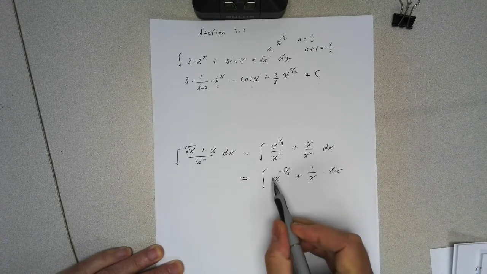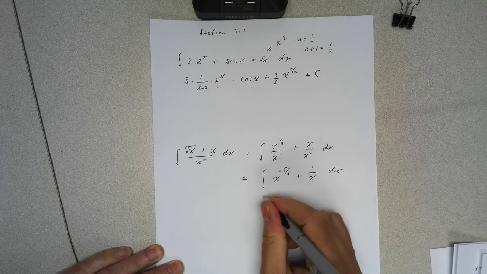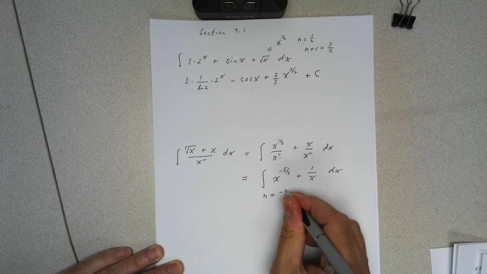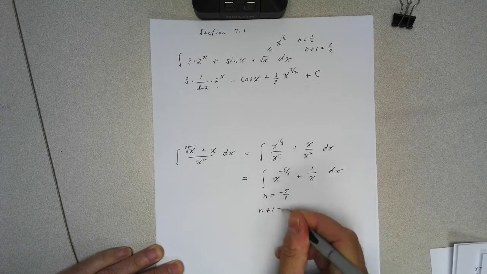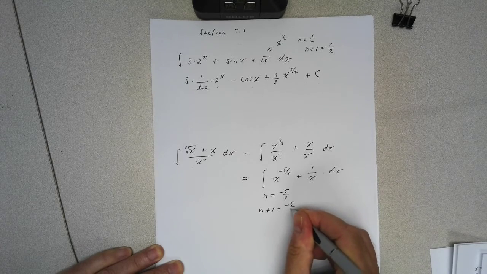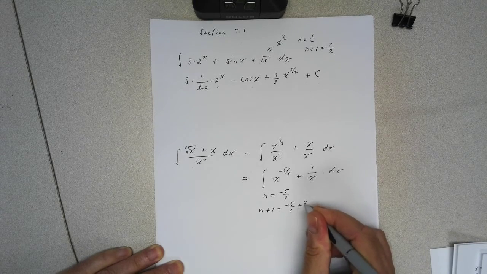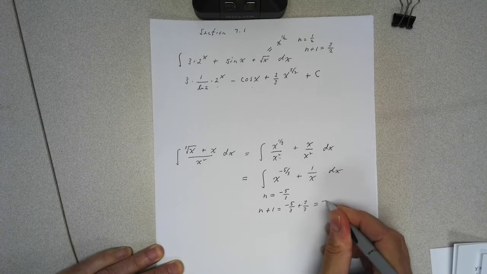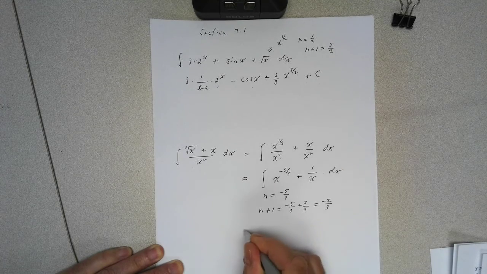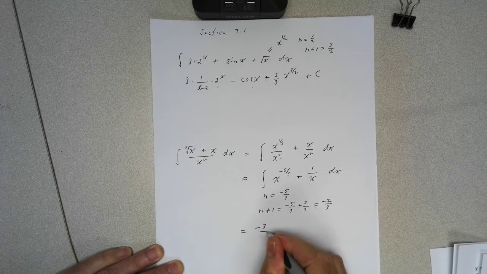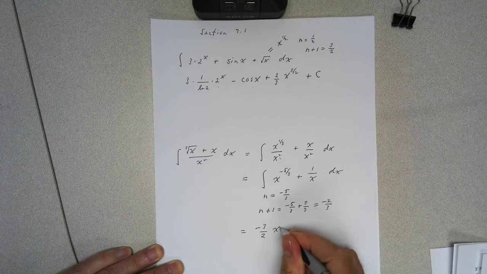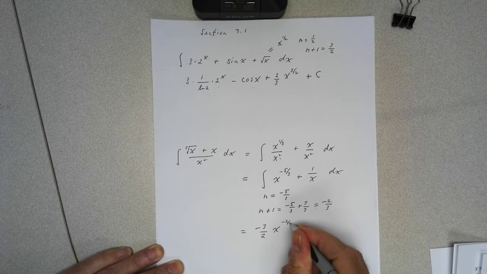Now, for this first example, we use the power rule. n is minus 5/3. n plus 1 would be minus 5/3 plus 3/3, which is minus 2/3. So we would take 1 over n plus 1, which is minus 3/2, x to the minus 2/3.